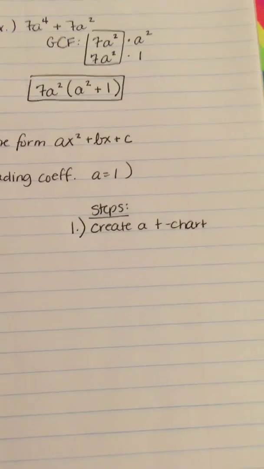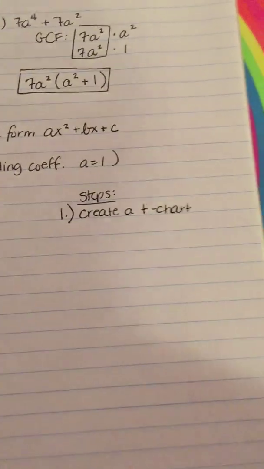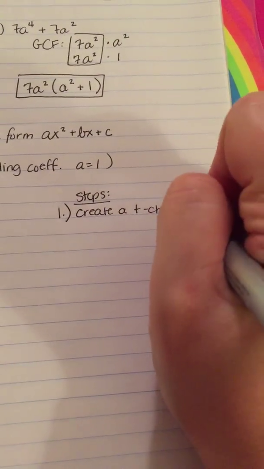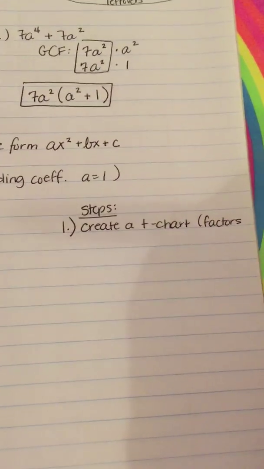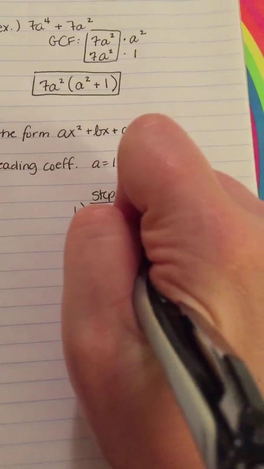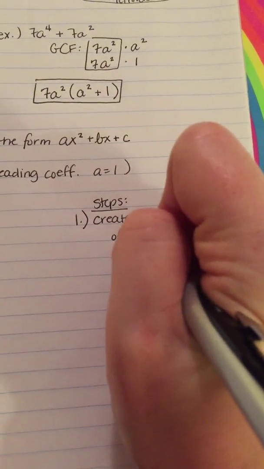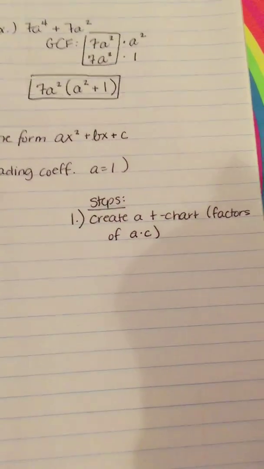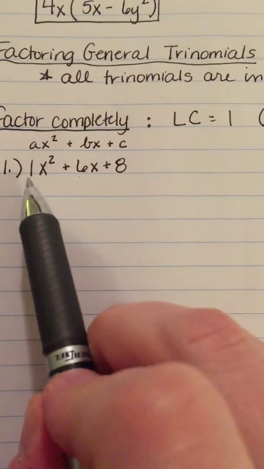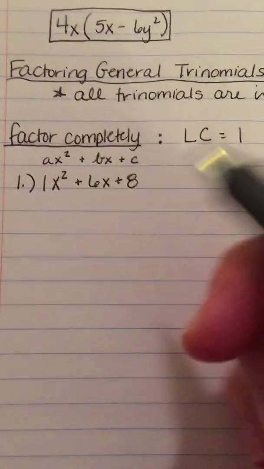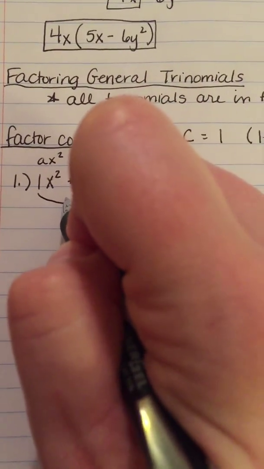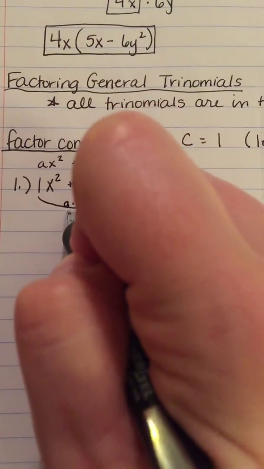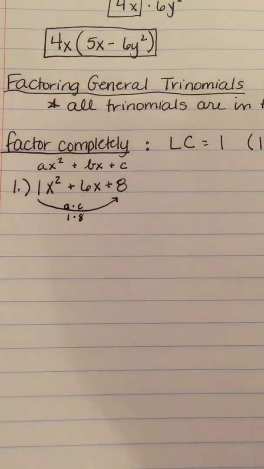Okay. And when I'm talking about a t-chart, what I'm looking for on the left side is the factors of A times C. So going back to my problem, this A times C is the same as 1 times 8.